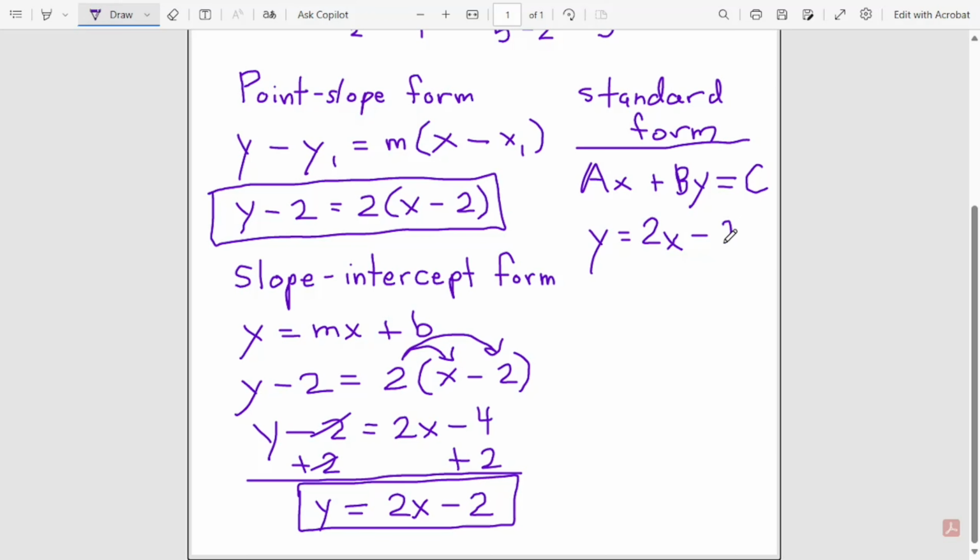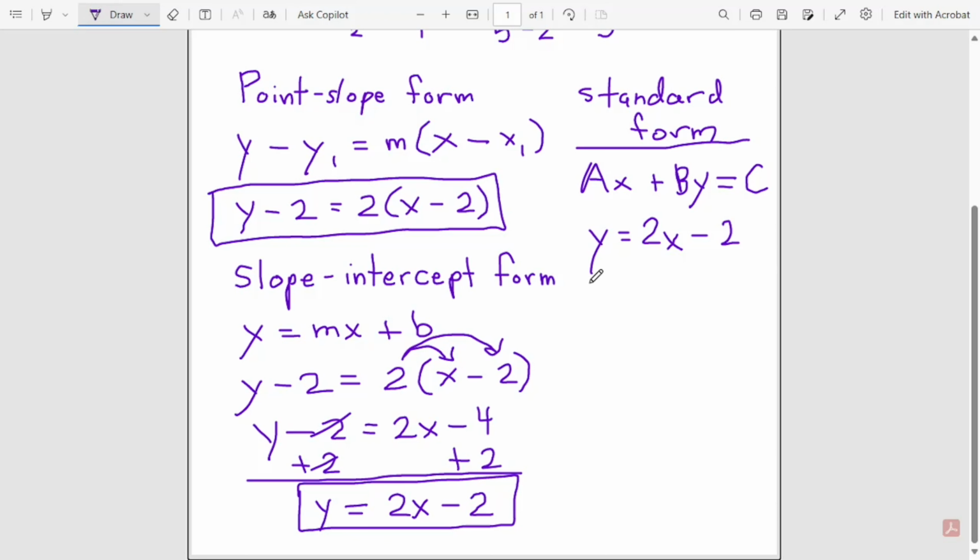Now the number in front of x is already positive 2, and the number in front of y is positive 1, even though we don't write it. And we have an integer here. So we don't have to multiply by anything across. Like if we had a fraction, you would have to multiply across to make that an integer.